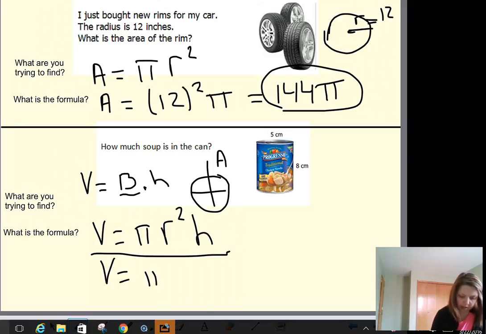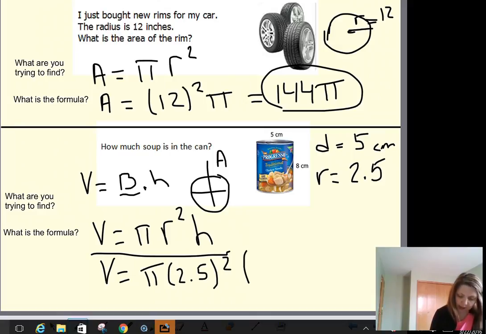So now, if we're having this formula, I can substitute and calculate the volume because I know everything. I know pi is 3.14. The radius here, if the diameter is 5 centimeters, then the radius will be 2.5 because it's always half of it. So it will be 2.5 to the second times h is 8.